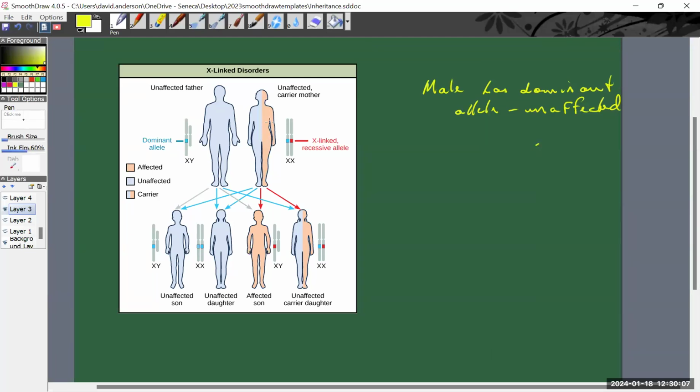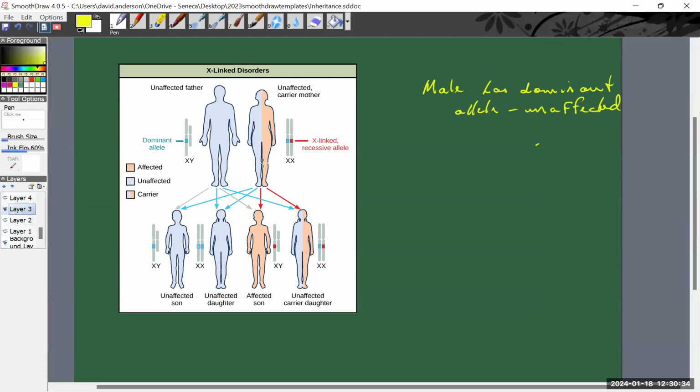So her dominant allele makes sure that she does not present with the pathology, but she is a carrier. So it's possible then for her to pass on this recessive gene to one or more of her offspring. So in our Punnett square, we could see that a percentage of the male offspring is likely to become affected.